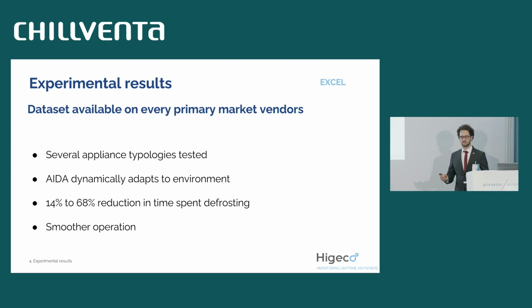This really depends on the conditions. If the appliance is working in really harsh conditions, we don't have much room for improvement to squeeze out better results. But in the average case, we really got interesting results. And the most interesting part is that the overall operation of the machine was even smoother than before the algorithm, so a more stable cell temperature.